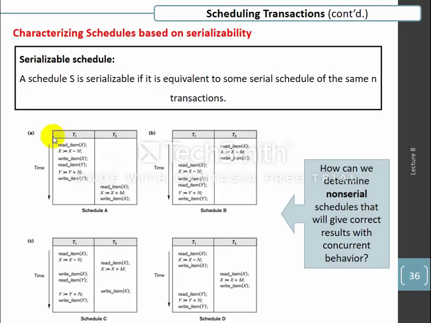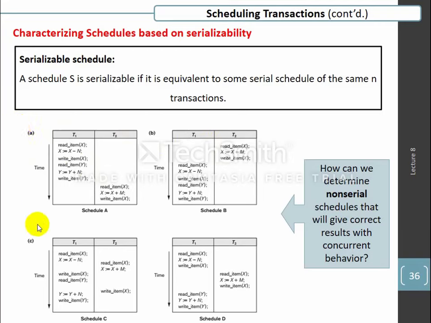So let's take A and B first, because they have the same condition: both are serial, because the first transaction begins, and when it ends, the second transaction begins, and the order doesn't matter. Because they are serial, they are automatically serializable.